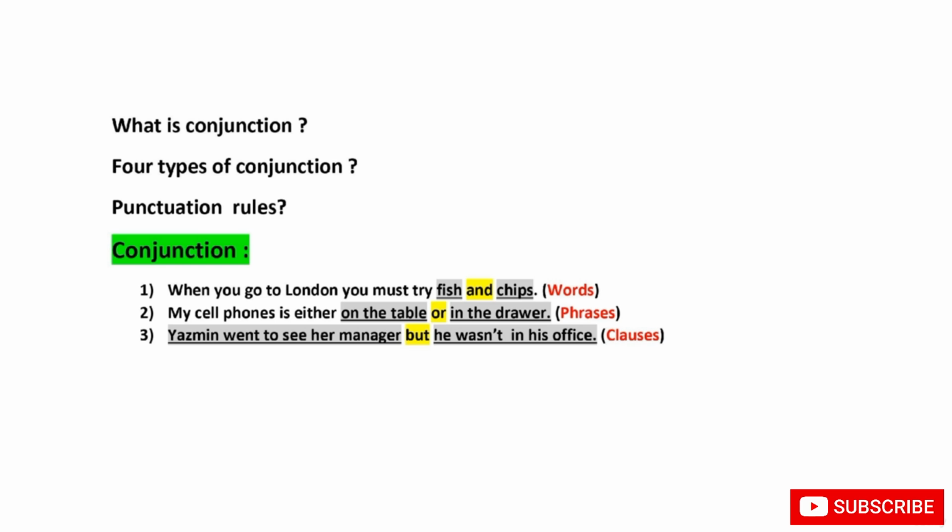When connecting a dependent clause to an independent clause, if the dependent clause comes first, put a comma after it. If the independent clause comes first, no comma. And finally, rule number 5. When using conjunctive adverbs, either put a semicolon before and a comma after the adverb, or a period before and a comma after. All right, now it's time for the test.